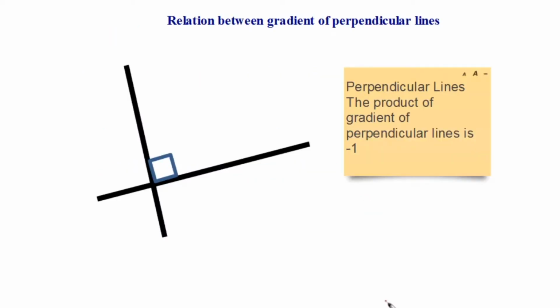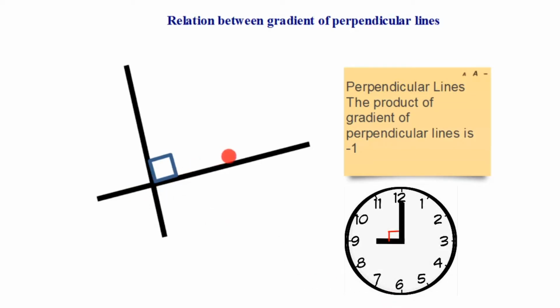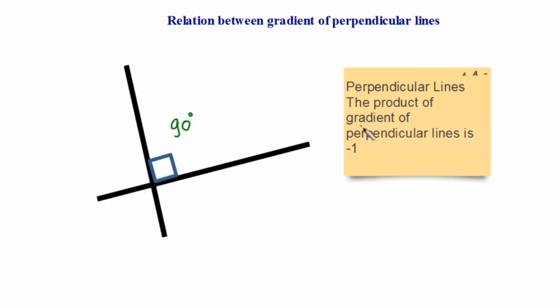Let's understand the relationship between the gradients of perpendicular lines. We know that perpendicular lines intersect each other at an angle of 90 degrees. Right? What is the relation between their gradients? The product of gradients of perpendicular lines is equal to -1.